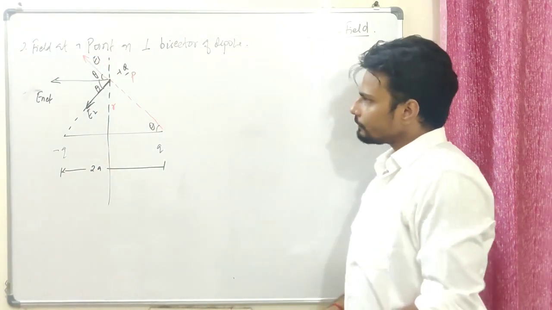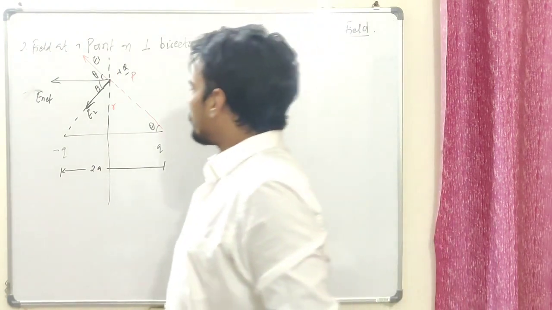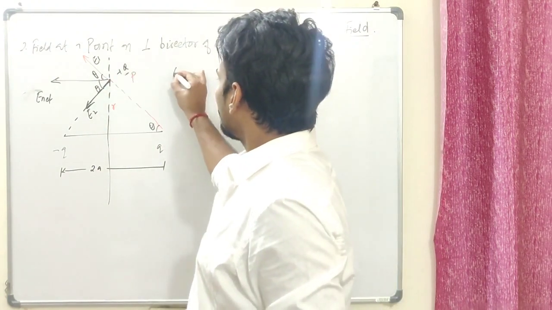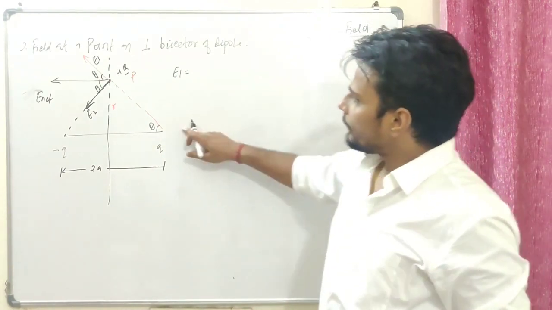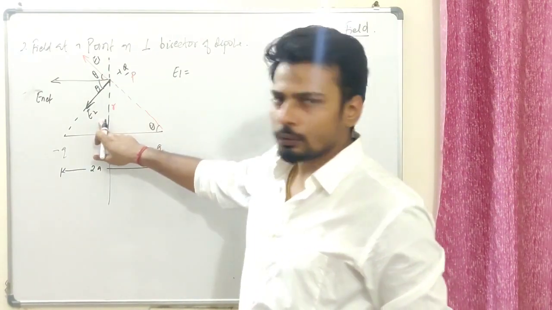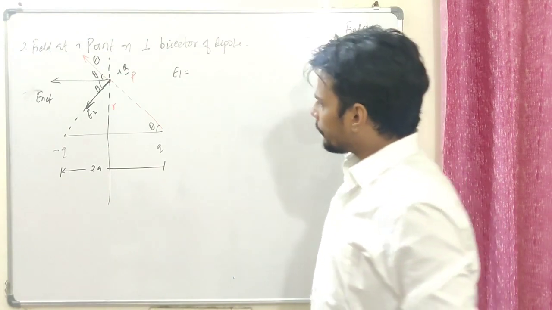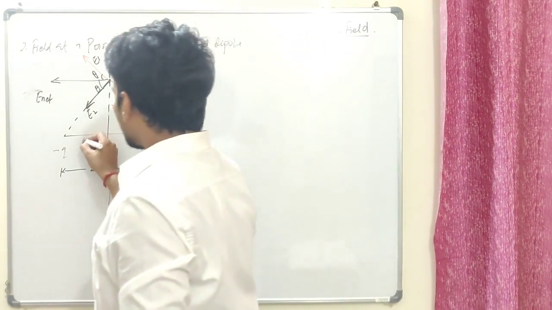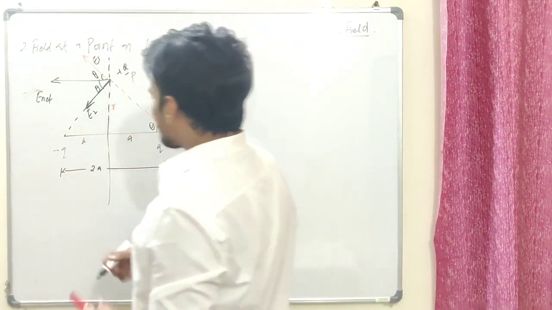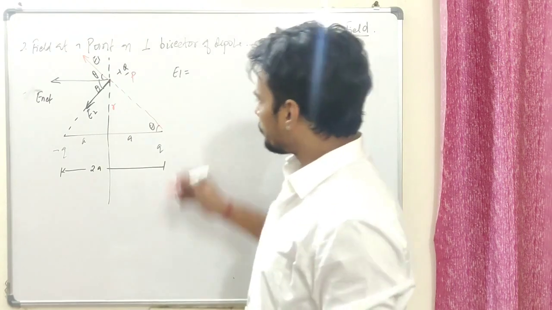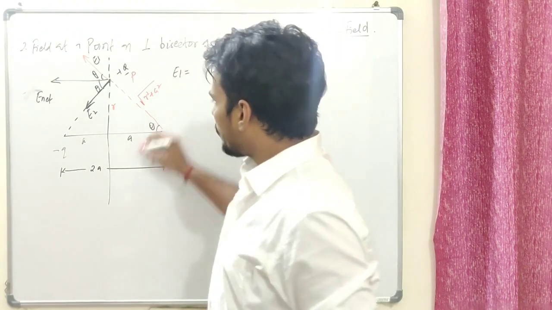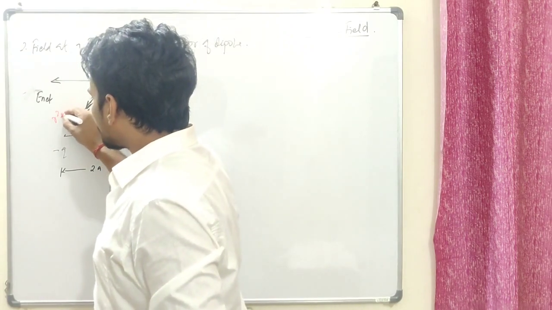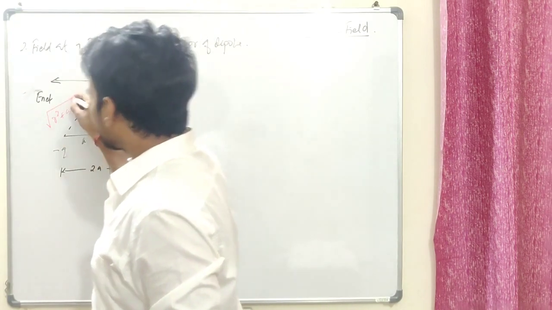But yeah, okay, let us try and figure out the value of E1. E1 should be how much? E1 because of this, and we'll have E2 because of this, right? Okay, if this distance is A over here, this is R. So guys, I can put it down right away that this distance should be R square plus A square, and even this is going to be R square plus A square.